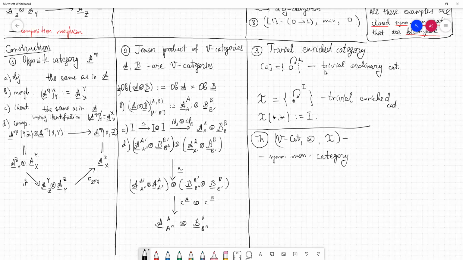It will be closed when we define the closed structure, so the adjoint to the tensor product operation will come a little later. Where V cat is the category of small V categories, and ob A is a set of small V categories.